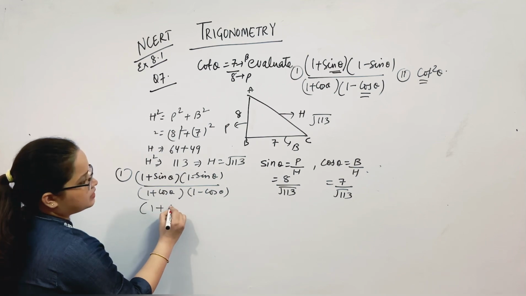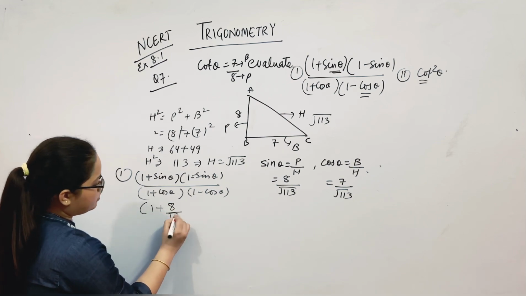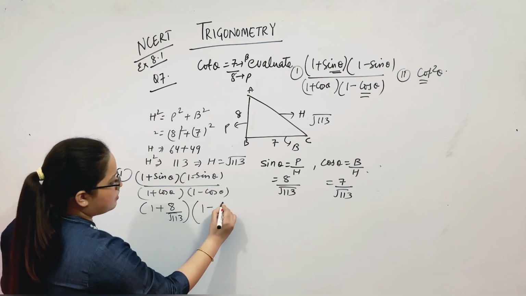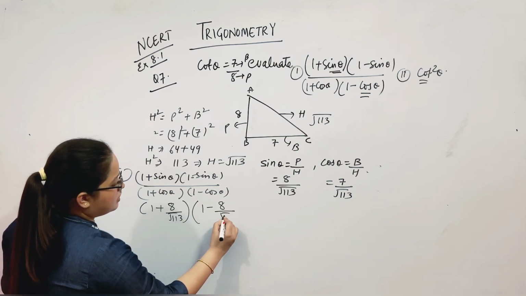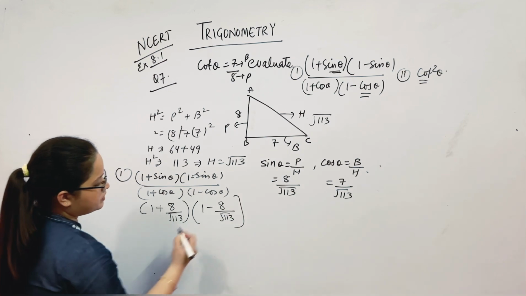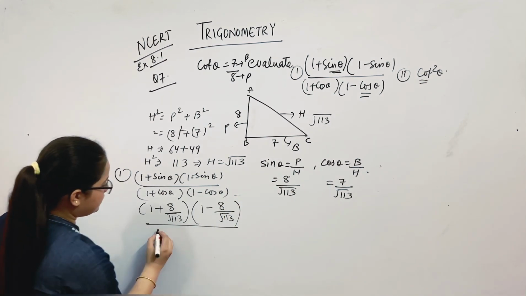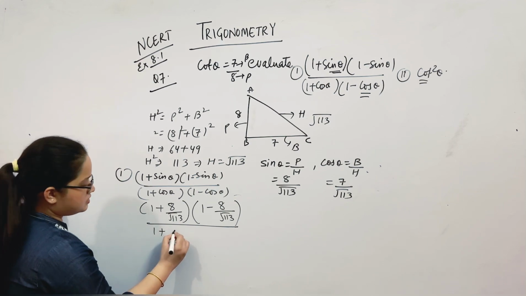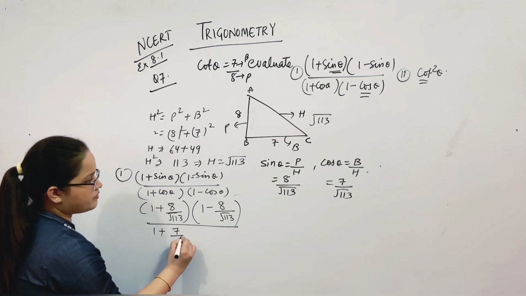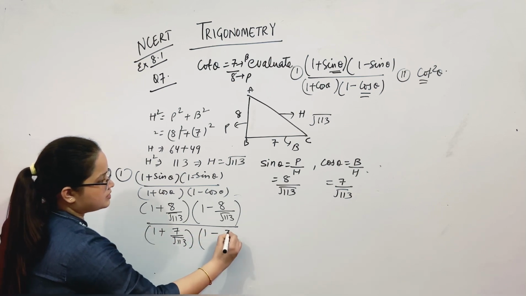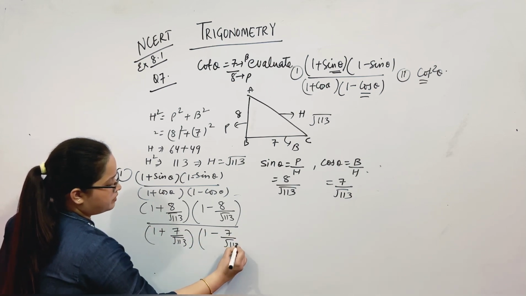1 plus sine theta is 8 over root 113, 1 minus 8 over root 113. I'm just substituting the values. Cos is 1 plus 7 over root 113, 1 minus 7 over root 113.